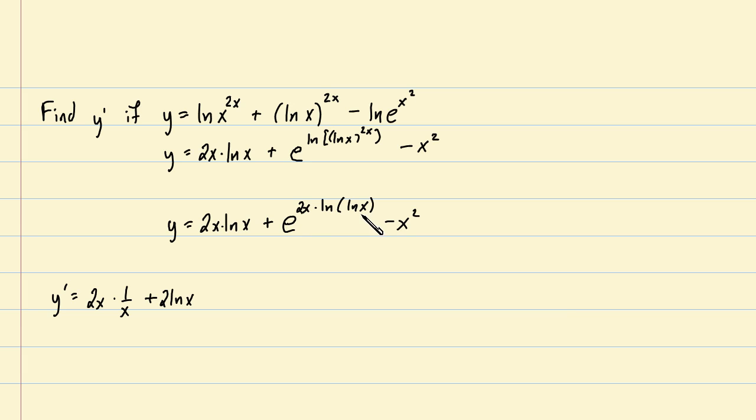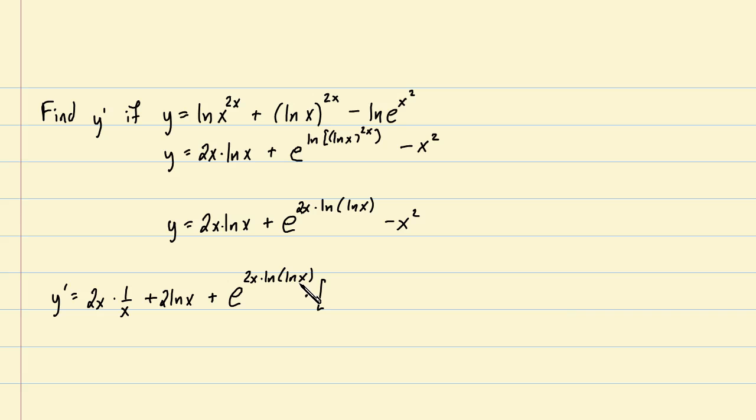Now we move our attention to this. This is e to some power, e to the something. So the derivative of e to the something is e to the something times, by the chain rule, the derivative of that something. Of course, notice the something here is a product, so we'll have to use the product rule to find its derivative.